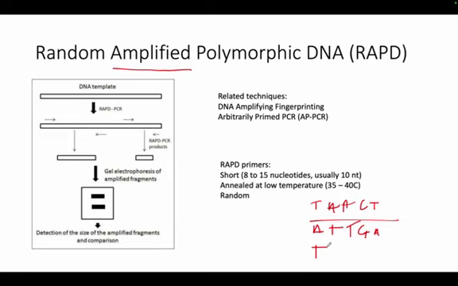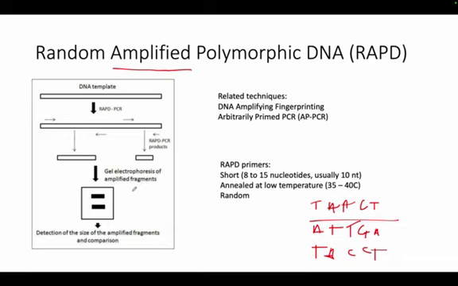But say I have a primer that looks like this: T, A, C, C, T. This is not exactly complementary, but it is mostly complementary. And this will be able to bind to this region of DNA even at a low temperature. Even though it is not exactly complementary, it will be able to bind at low temperature.